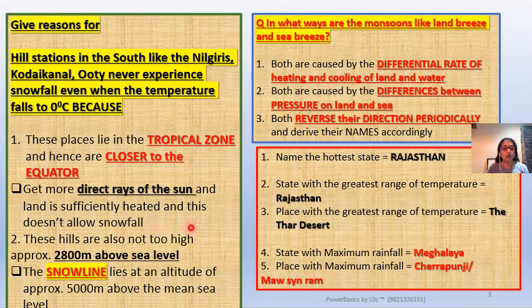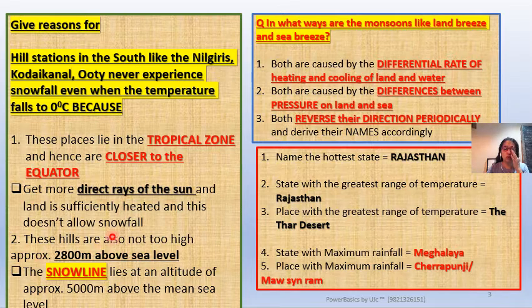These hills are also not too high, approximately 2,800 meters above sea level. There's something called a snow line, the altitude at and above which there is snowfall. The snow line lies at an altitude of approximately 5,000 meters above mean sea level, and these regions are at 2,800. So they're not even near the snow line region.